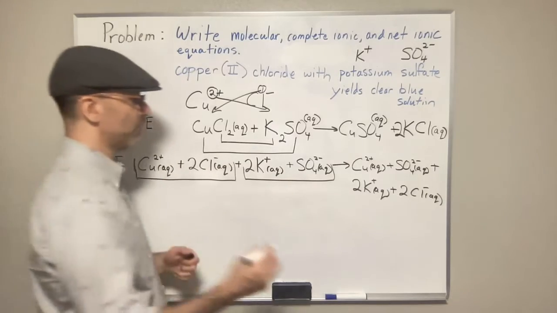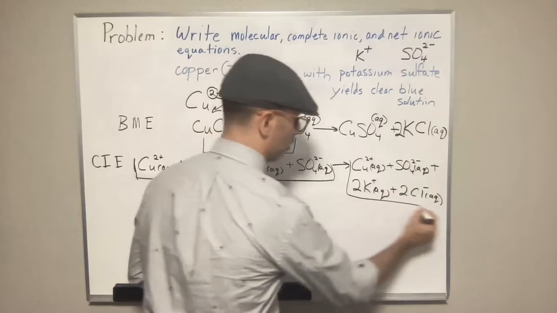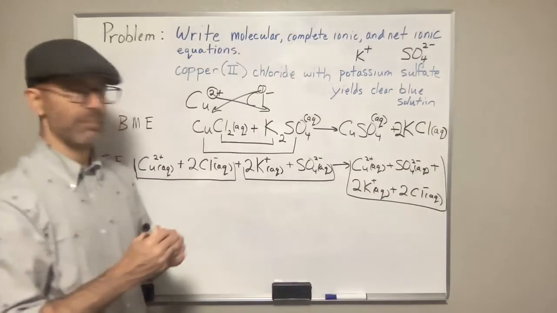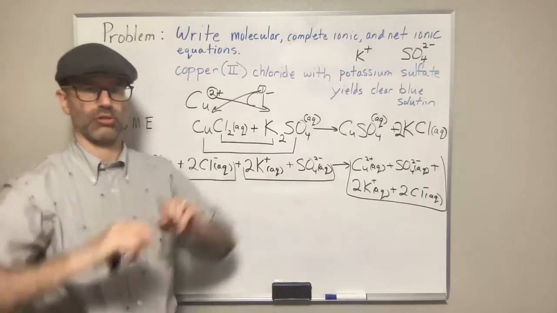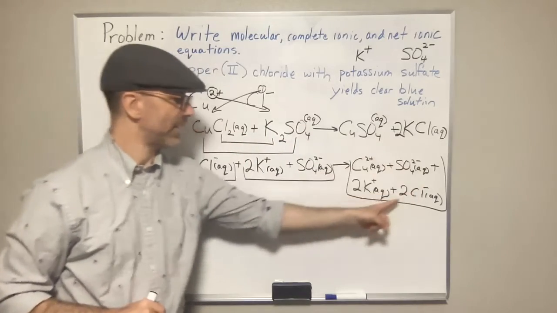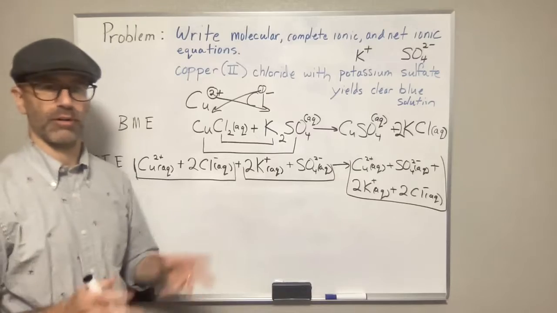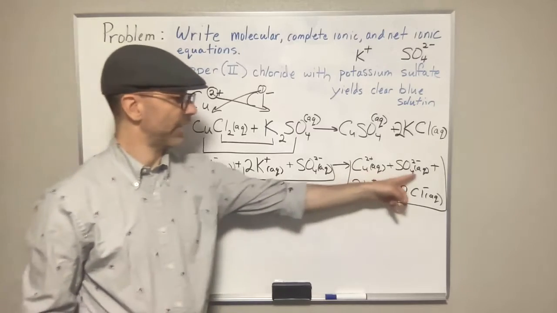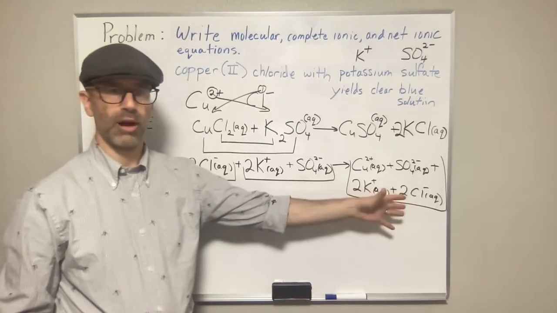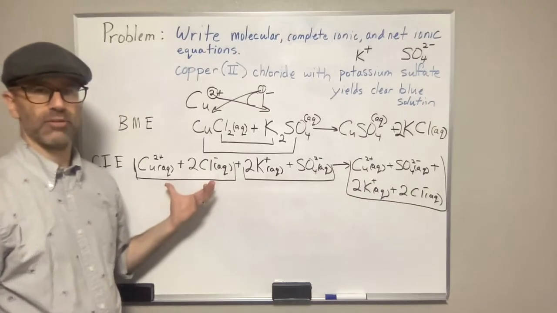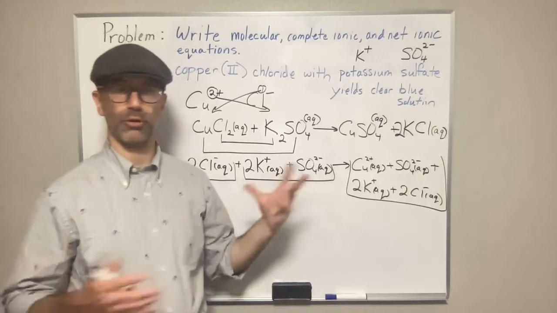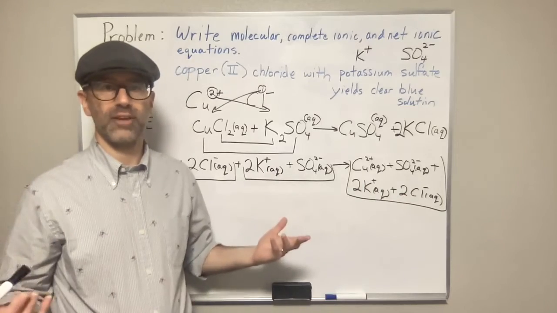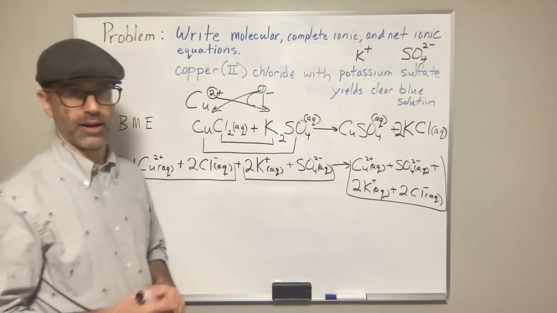And then what happens? I pour the two beakers into another container, and now I get all of the ions floating around. And guess what? They're all aqueous. So that means they're still floating around. So before I mix them, they're floating around doing nothing, and after I mix them, they're still floating around doing nothing. So nothing's happening. So this is no reaction.